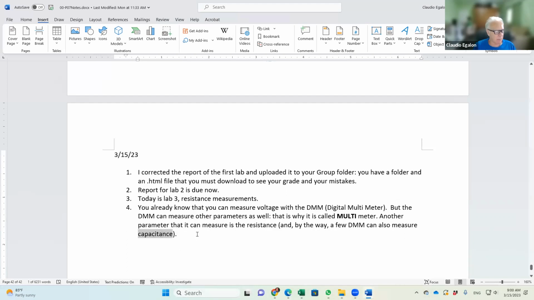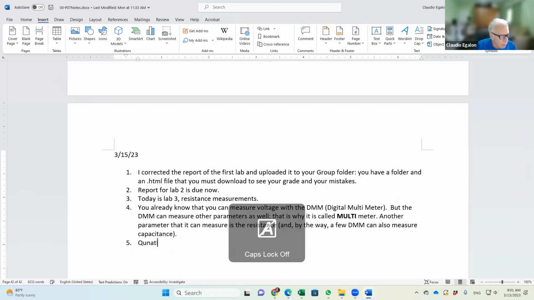We already talked about capacitance. And what else? The quantities that you have in E&M, right? Electricity and magnetism. Charge. Okay. There are devices that measure amount of charge, but this measurement is very difficult to be made.